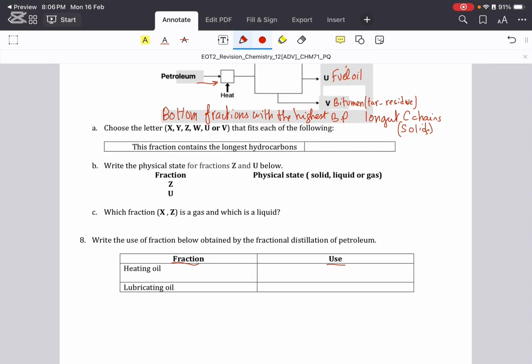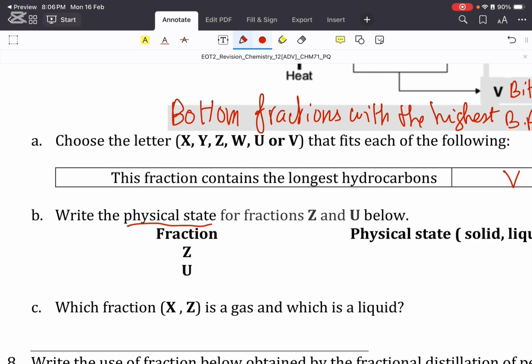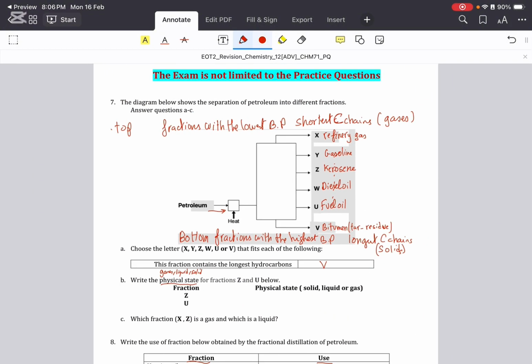Now, the fraction that contains the longest hydrocarbons. The longest hydrocarbons, as I said, would be at the bottom of the tower. Write the physical states, and they mean by physical states any gas, liquid, solids. So only the first one is gas, the ones in the middle are the ones that are liquid, and the last one at the bottom is the solid.